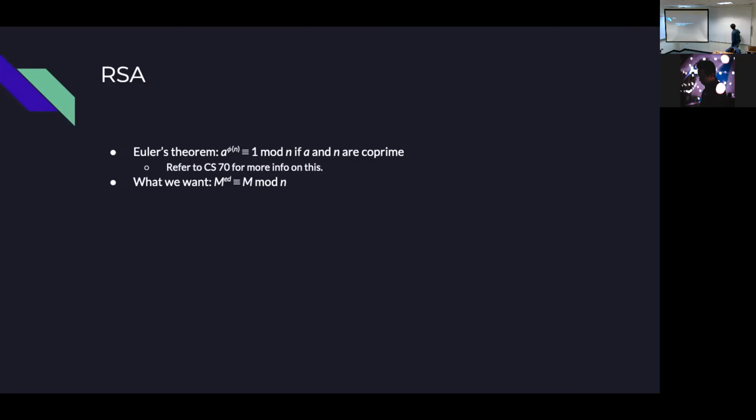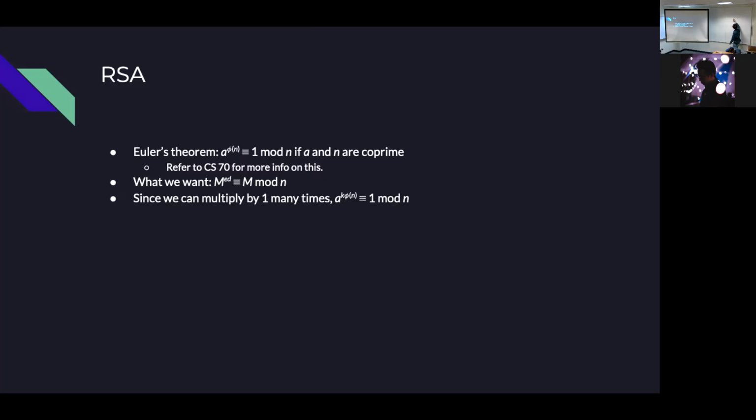Down here, what we want to end up with is two numbers. If we take anything to the power of e, and then take it to the power of d, so m to the ed, we want to get back to the original message, again mod n. So we need to get from there to that. In fact, I think we're going backwards here, but it's okay.